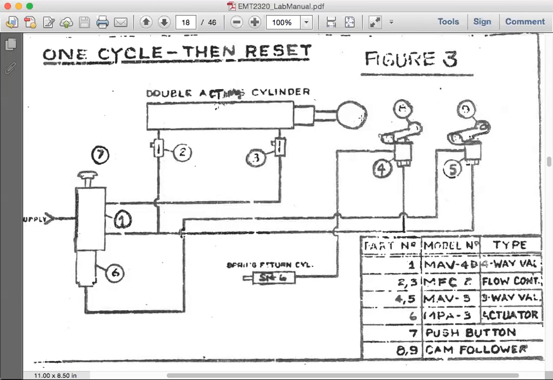Stage 5, the piston is right now resting on number 9. So it's fully extended, activated the cam follower, therefore pressing down the stem and allowing the pressure right here through this hose and activating the actuator number 6. So all this hose is red.